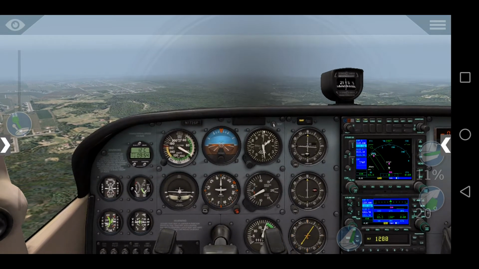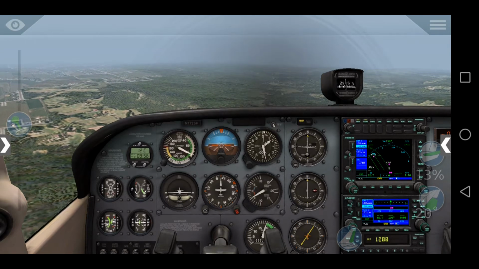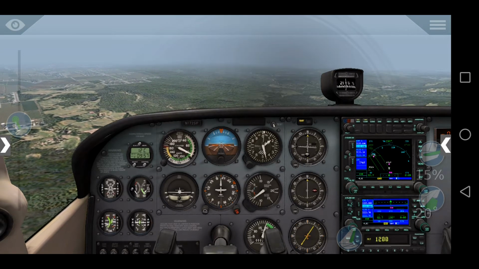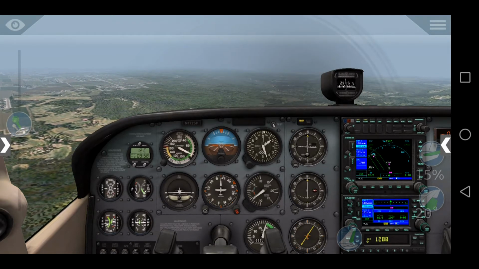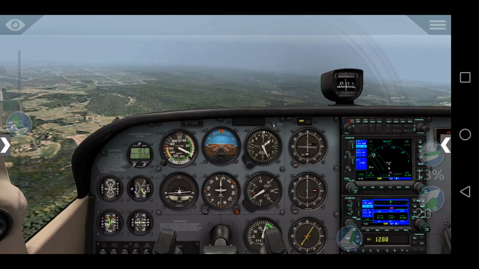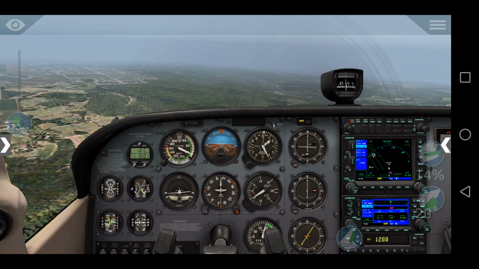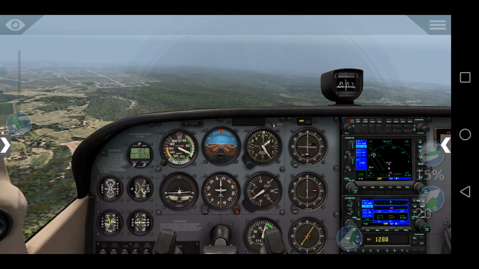Alright, before landing checklist, we're going to make sure that flight instruments are correct. We've been checking all that throughout. We have our localizer and glide slope established. We have 111.10 as our frequency for the approach. We don't need a com radio frequency because we don't have a TC.